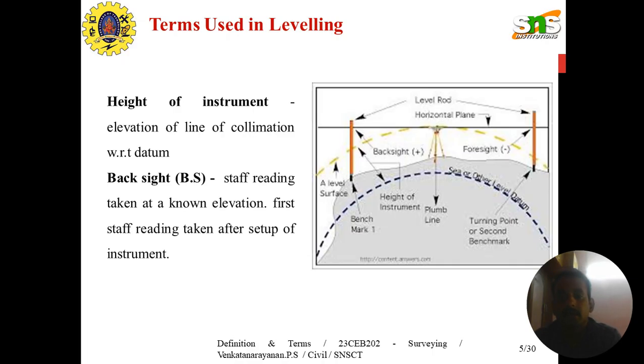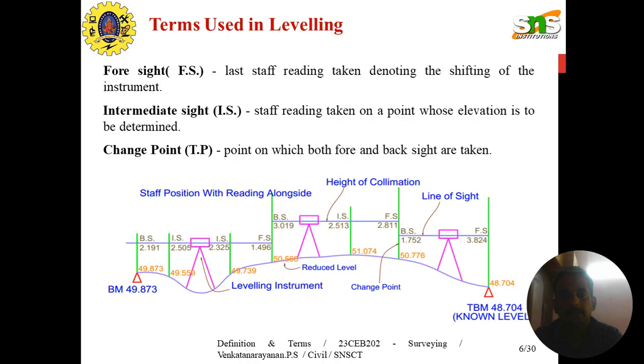Next is backsight. Backsight is a staff reading taken at a known elevation. The first and foremost reading taken with the help of leveling instrument is called backsight reading. Next is foresight.